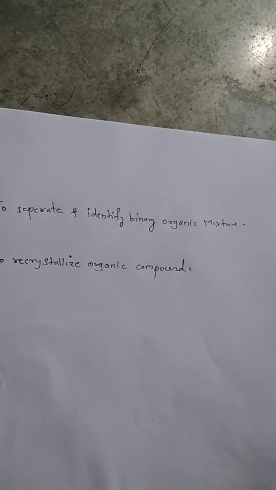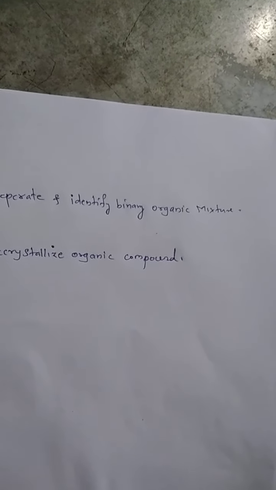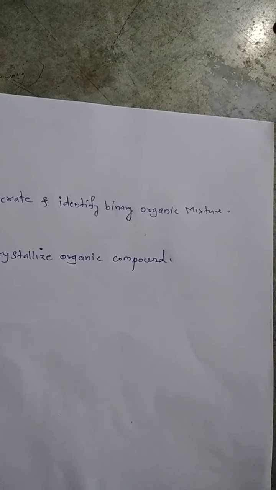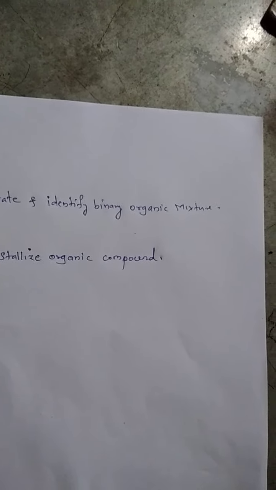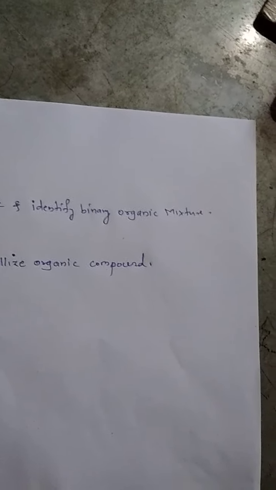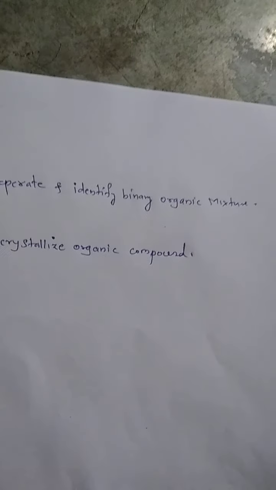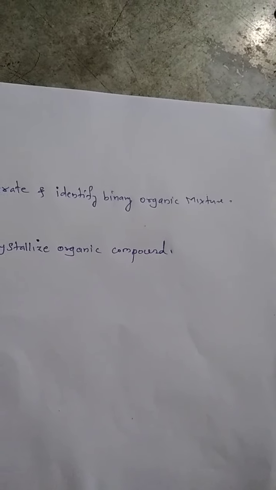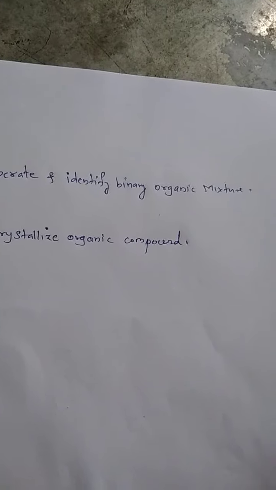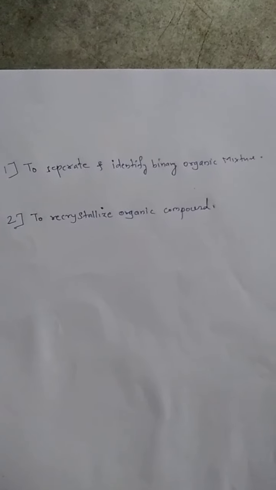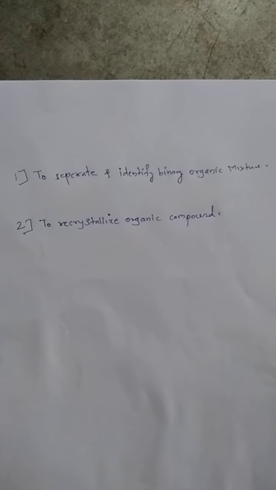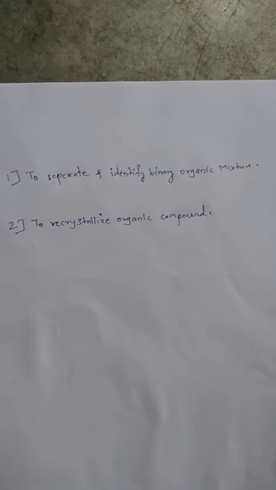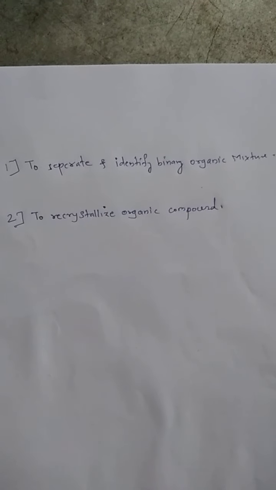It consists of some impurities, and if we have to eliminate such impurities we have to go for recrystallization of the crude product. In recrystallization, any impurity present in the organic compound can be eliminated, and after eliminating we get the product which is said to be the pure product. For your syllabus you have to separate and identify 8 binary organic mixtures, and in case of recrystallization you have to recrystallize two organic compounds with the use of suitable solvents.